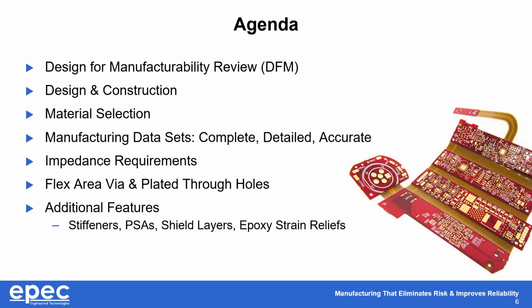So in our agenda today, we're going to cover some design for manufacturability reviews, design and construction methodologies, material selection criteria. We're going to talk about the manufacturing data sets.